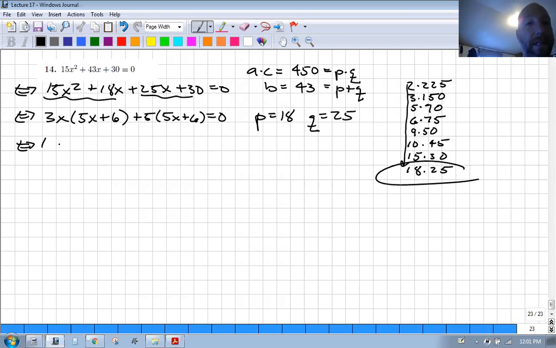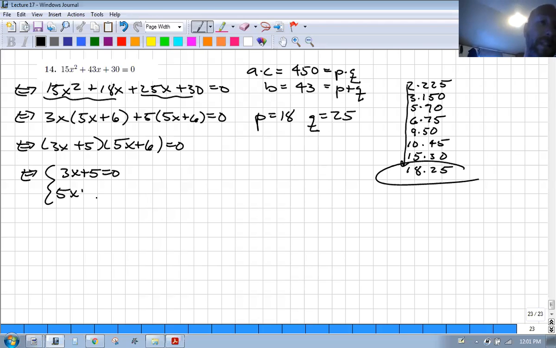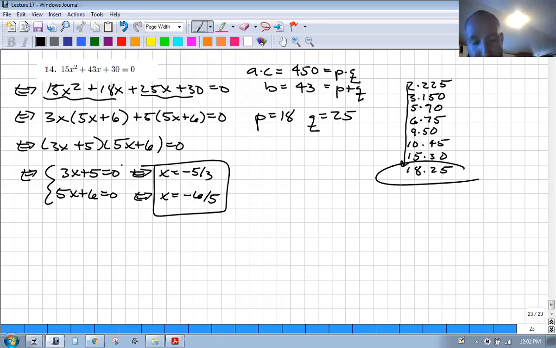So I have 3x and 5, both times 5x plus 6. So either 3x plus 5 is 0, or 5x plus 6 is 0. So either x is negative 5/3, or x is negative 6/5. There's our two solutions.